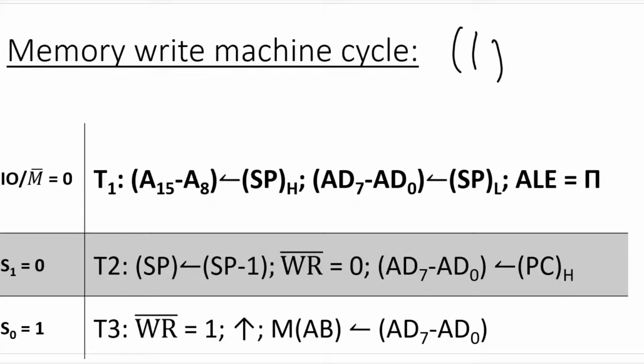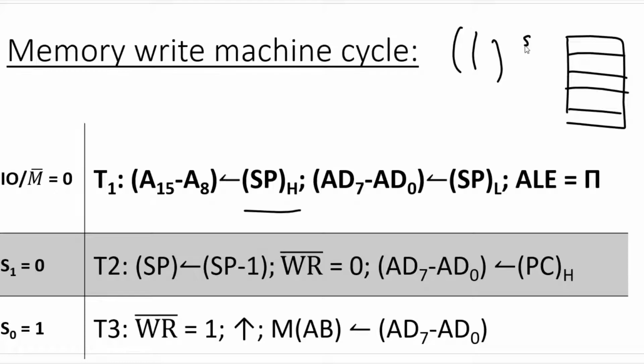You can see in the T1 state, SP is loaded onto the address bus. The stack pointer actually points to the stack memory location, so the stack pointer is decremented. If this is your stack memory, the stack pointer can point to this location, this location, or this location.